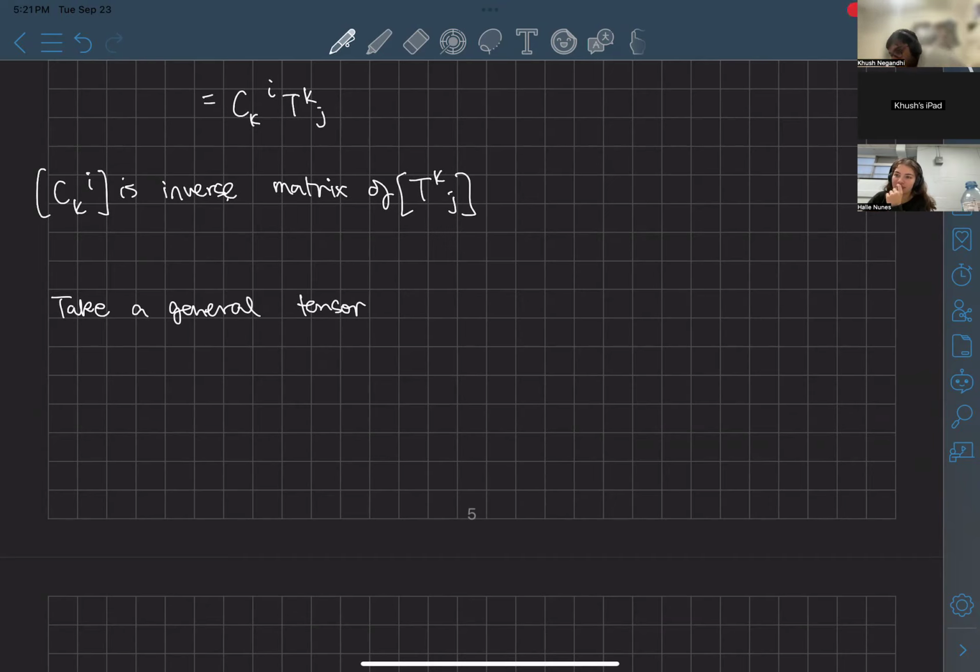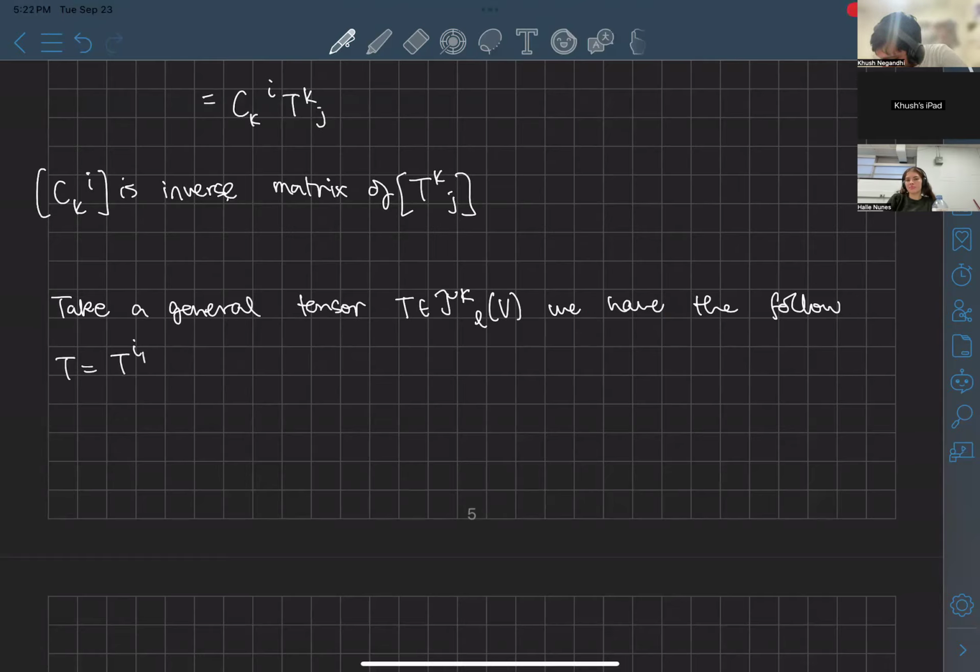Okay. So if we take a general tensor T from KL, we have the following decomposition, right? We have T equals a slew of indices now.